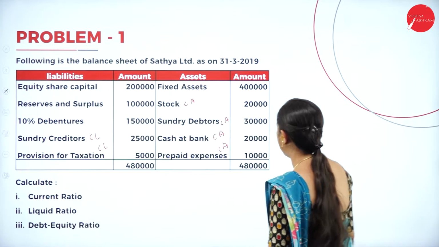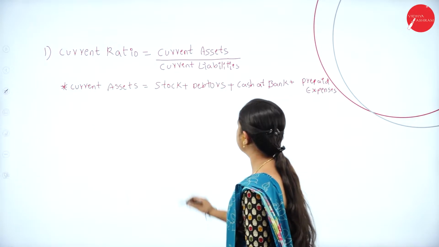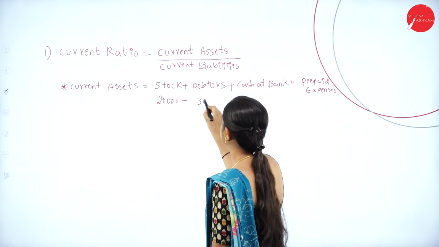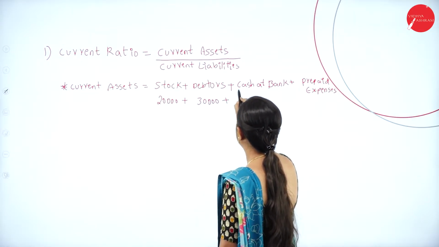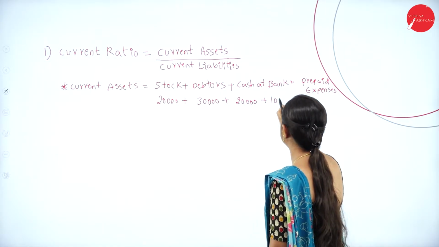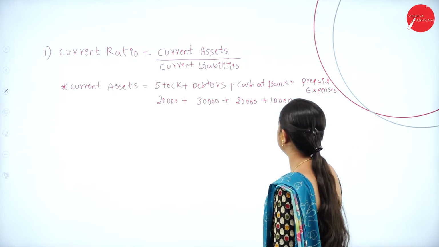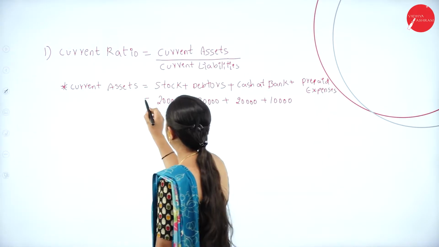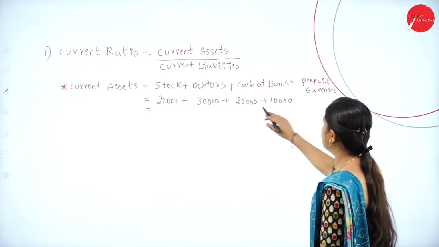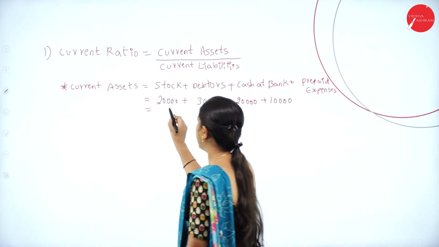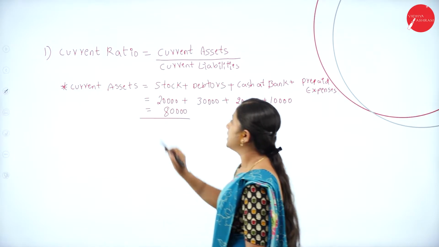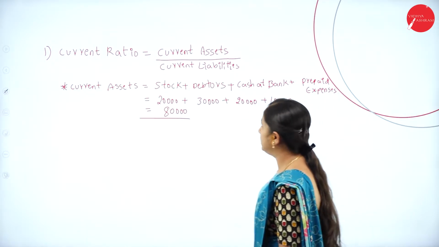Stock rupees 20,000, sundry debtors 30,000, cash at bank 20,000 plus prepaid expenses 10,000. Total current assets is equal to 20,000 plus 30,000 plus 20,000 plus 10,000, that is 80,000.